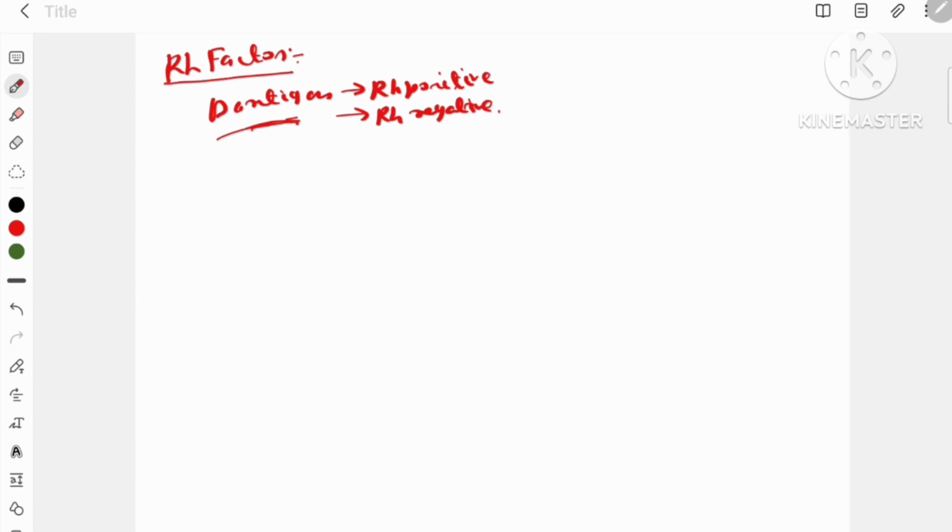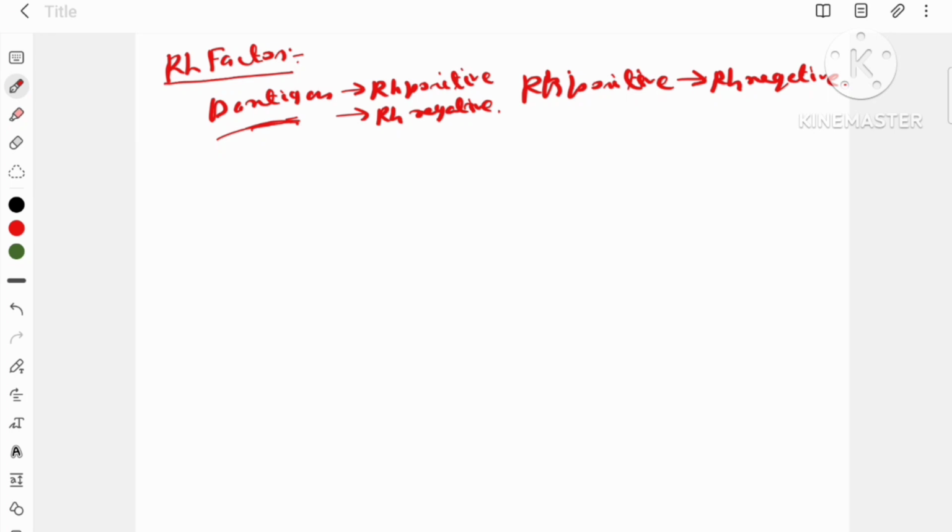However, if Rh positive blood is transfused to an Rh negative person, for the first time there is no complication, but following the second transfusion there is a complication.